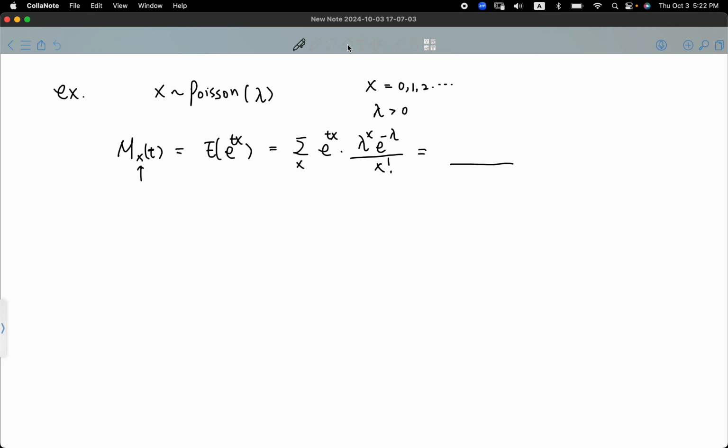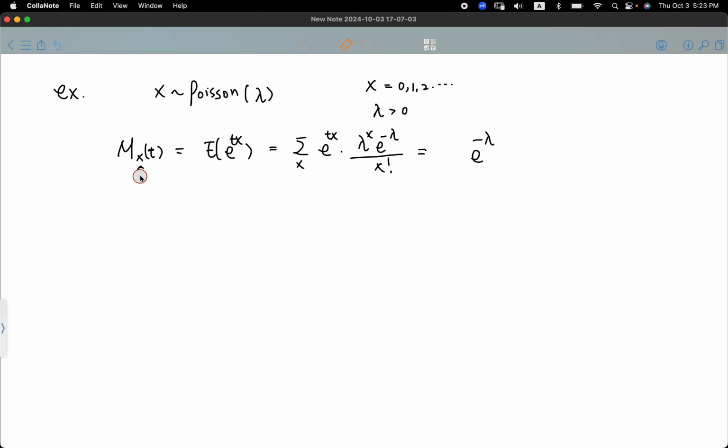Okay, so now we're just going to simplify this equation, resulting in our moment-generating function. Any thoughts on how we can simplify this? Maybe first we can bring whatever is not related to our summation or x outside the summation. In our case, that is e raised to the power of negative lambda, as it does not involve x, so it can serve as a coefficient.